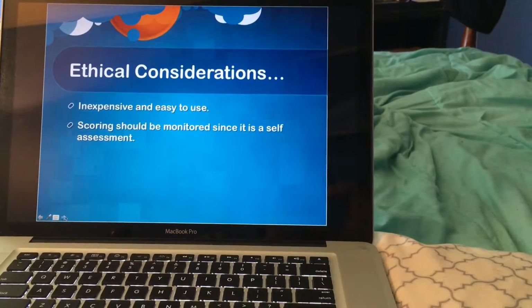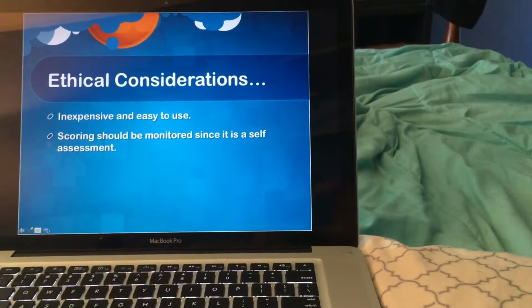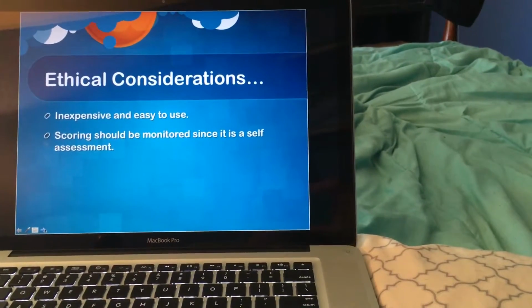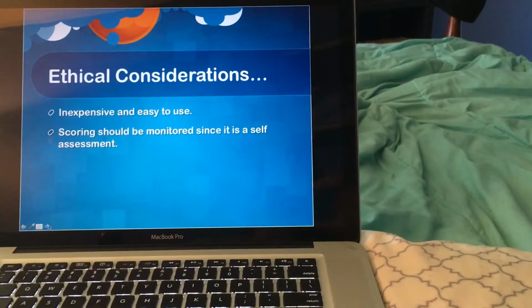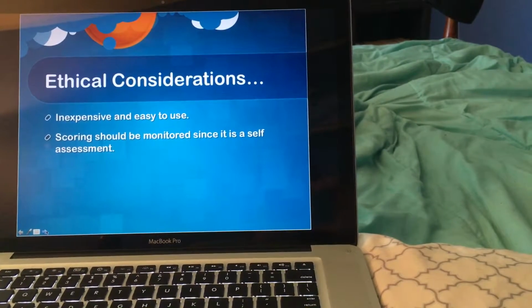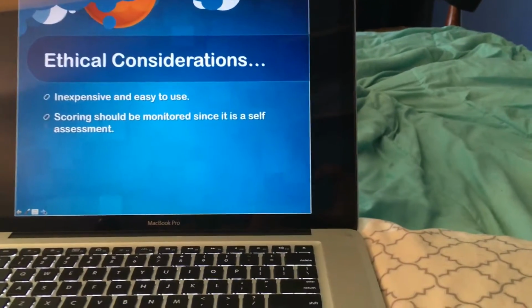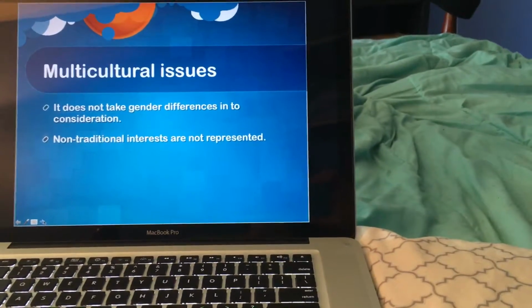The scoring should be monitored since it is a self-assessment. You want someone to go over the answers with you. A career counselor can help you decide which environment and personality match up the best and can help you go over each of those career types.